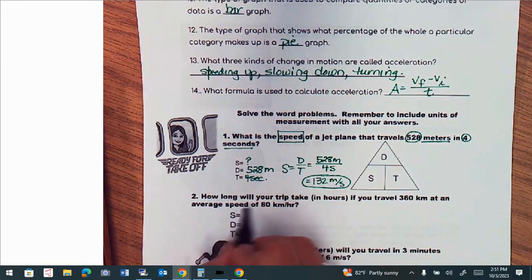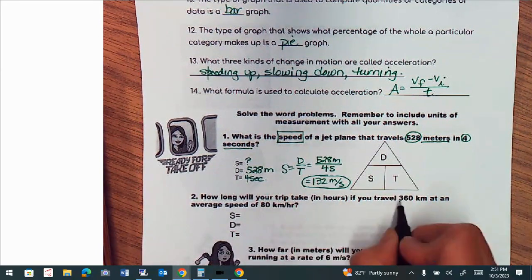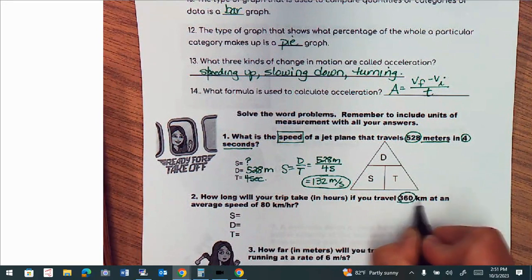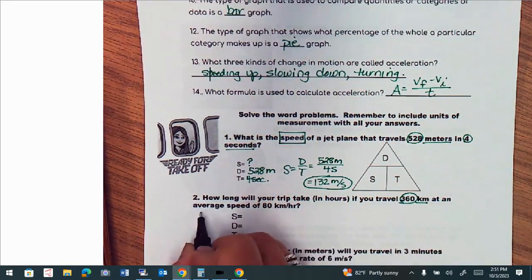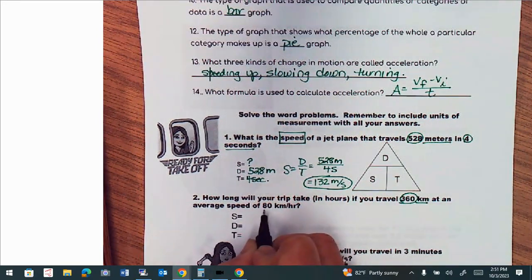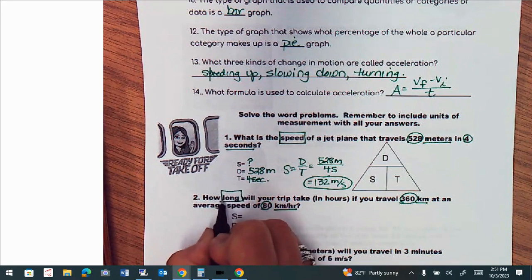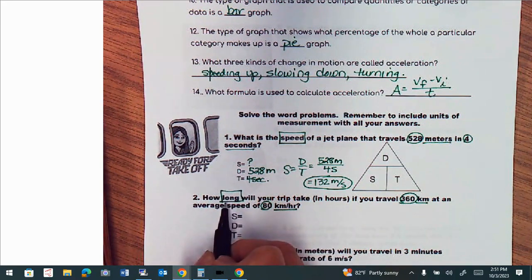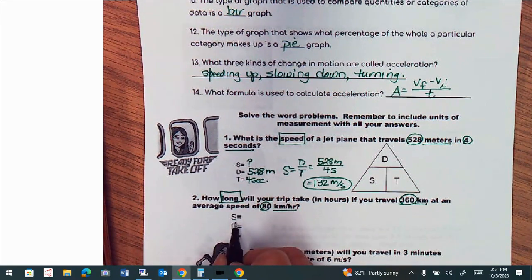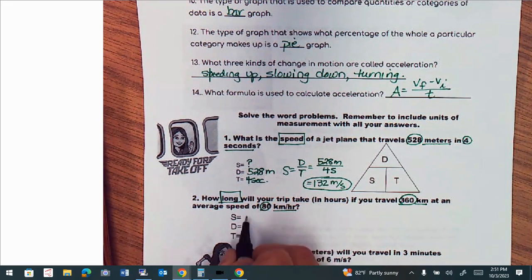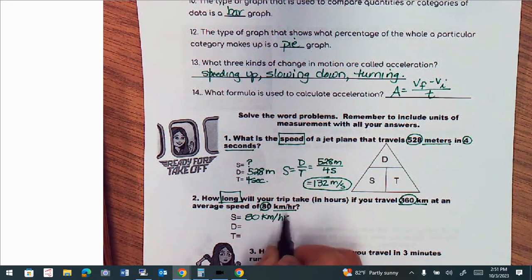Number 2, how long will your trip take in hours if you travel 360 kilometers at an average speed of 80 kilometers per hour? We're solving for time. Our speed is given to us of 80 kilometers per hour. Our distance is 360 kilometers.